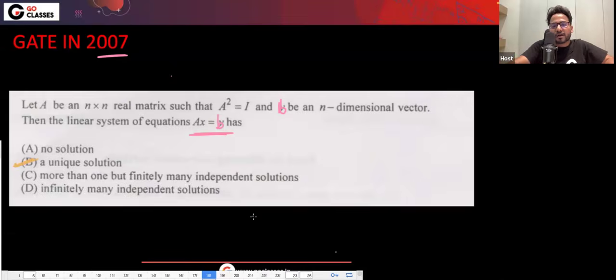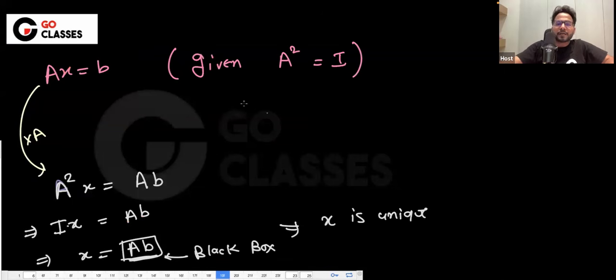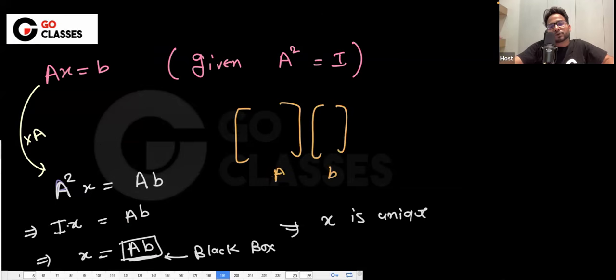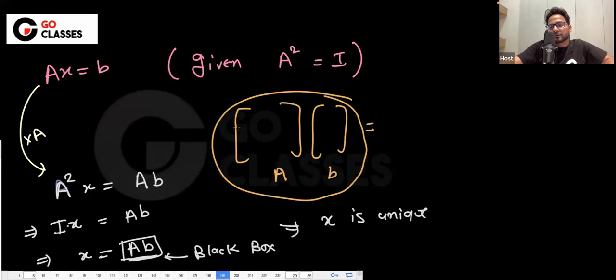Some students are asking why unique. Just tell me, if you multiply, what is x? This is AB. If you multiply a matrix and a vector, is there a possibility that you will get multiple answers? No, right? You will get a deterministic, single answer.